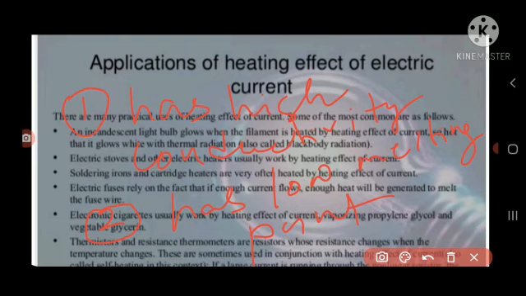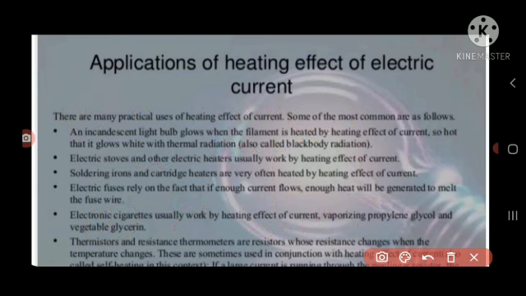Now the question is how the fuse wire works. We will explain this by taking an example. Say, it is an electric circuit. It consists of an electric bulb.